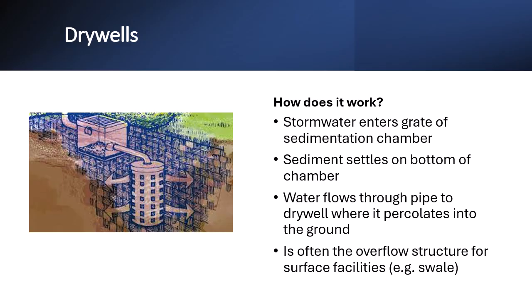Depending on the application, drywells may be connected to the surface via a catch basin, or may be open to the surface with their own graded cover. Those connected to a catch basin will still be accessible from the surface through a sealed lid or other structure. Drywells are often used in Spokane County as the overflow structure for surface facilities such as swales or dry detention ponds.